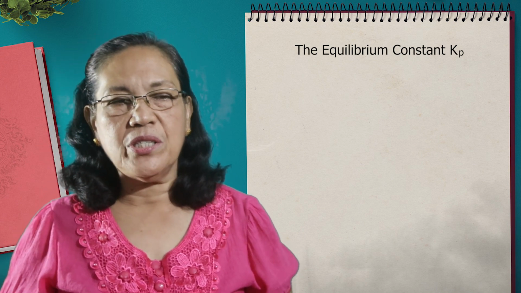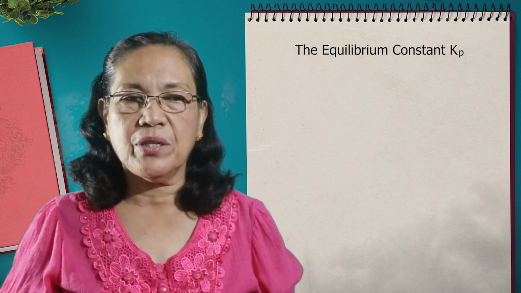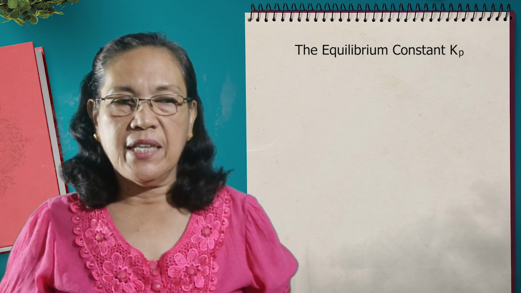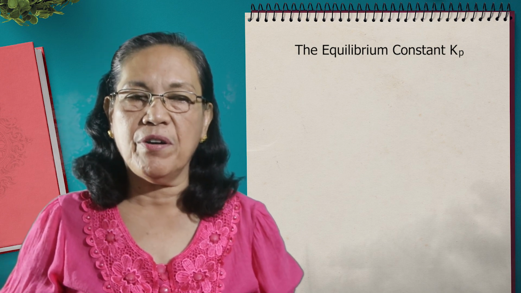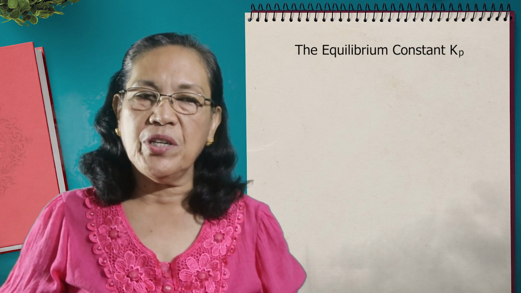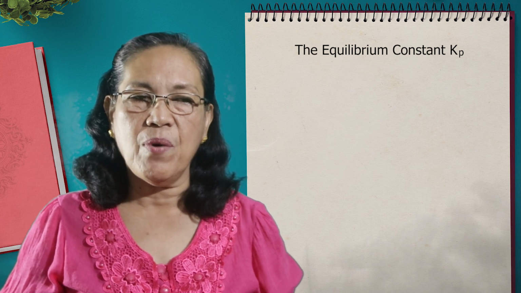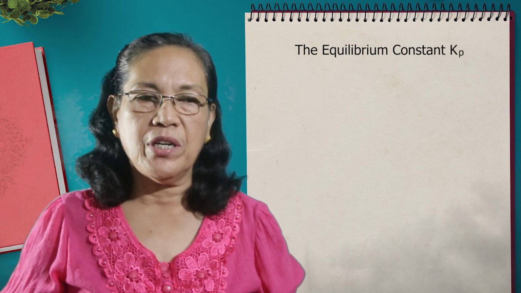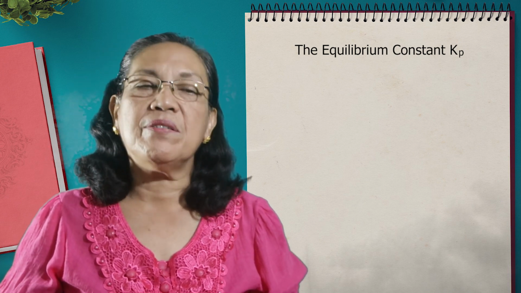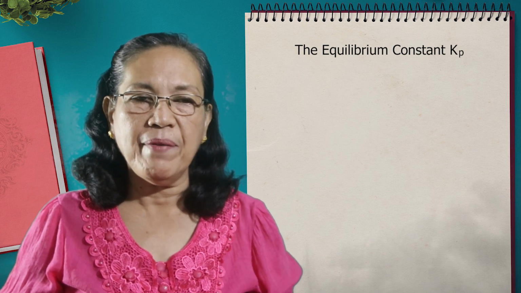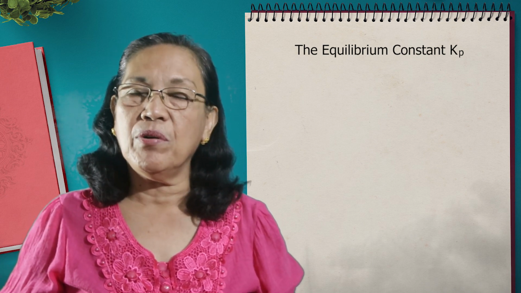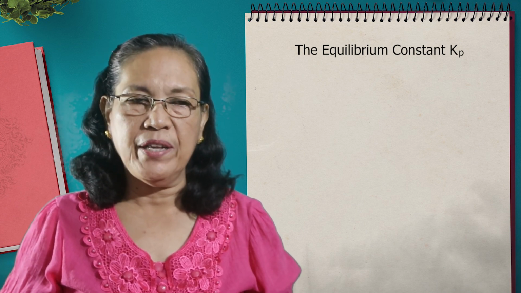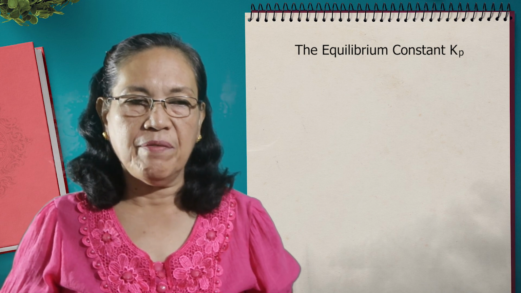In dilute solutions, the concentration of water may be considered to be a constant. That is, the number of moles of water used in forming hydronium ion, which is about 0.001 mole in 1 liter of a 0.1 molar solution of acetic acid, is very small in comparison to the large number of moles of water present, which is about 55.5 moles in 1 liter of a solution.